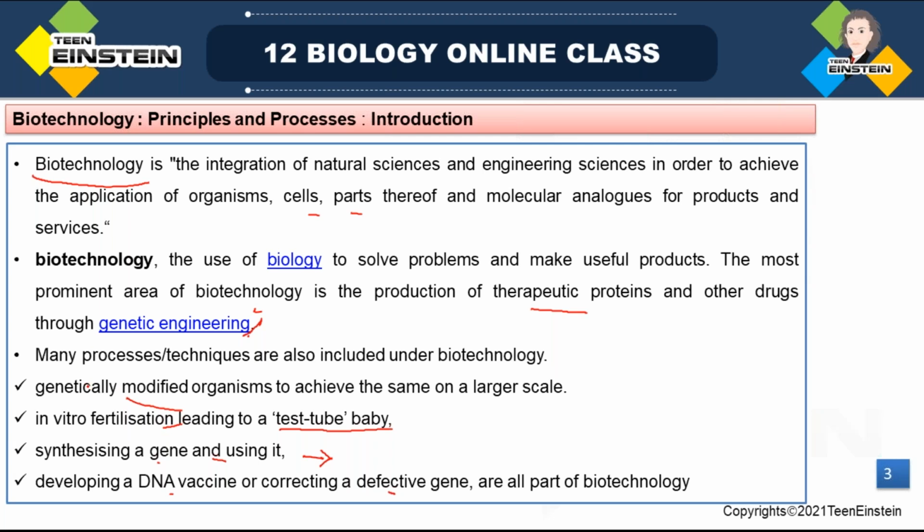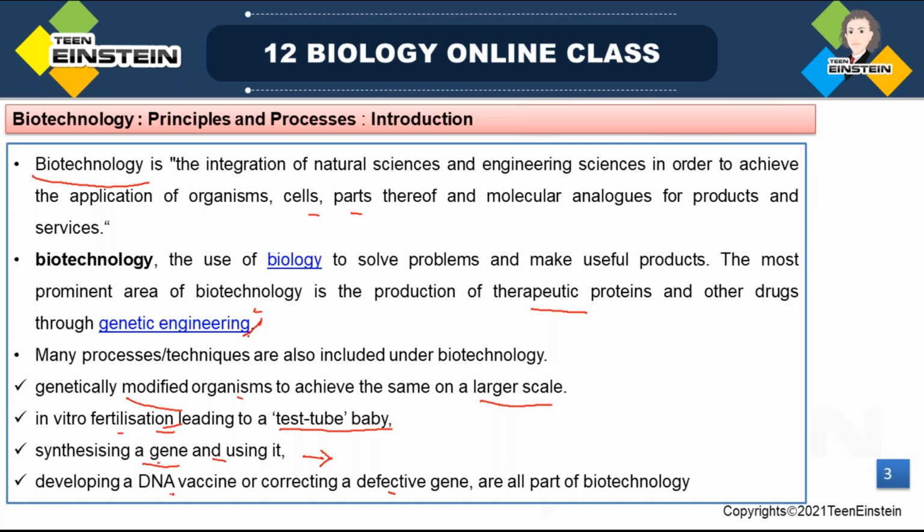Genetically modified organisms to achieve the same on a larger scale. This is what I said, we need more. And in vitro fertilization leading to a test tube baby. For test tube babies, in vitro fertilization, there comes the demand for that. Then synthesizing a gene and using it for a special character, and how to use it.